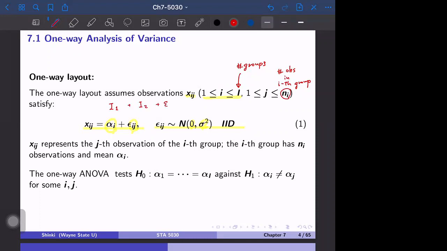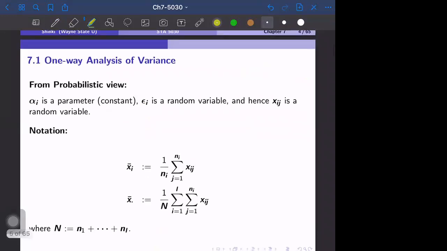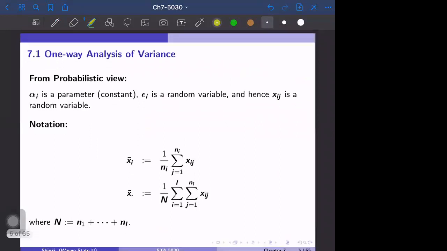Then we have epsilon_ij. This is the model, the one-way layout. And one-way ANOVA tests this hypothesis: all alpha_i's are the same, against the alternative that some alpha_i and alpha_j are different.